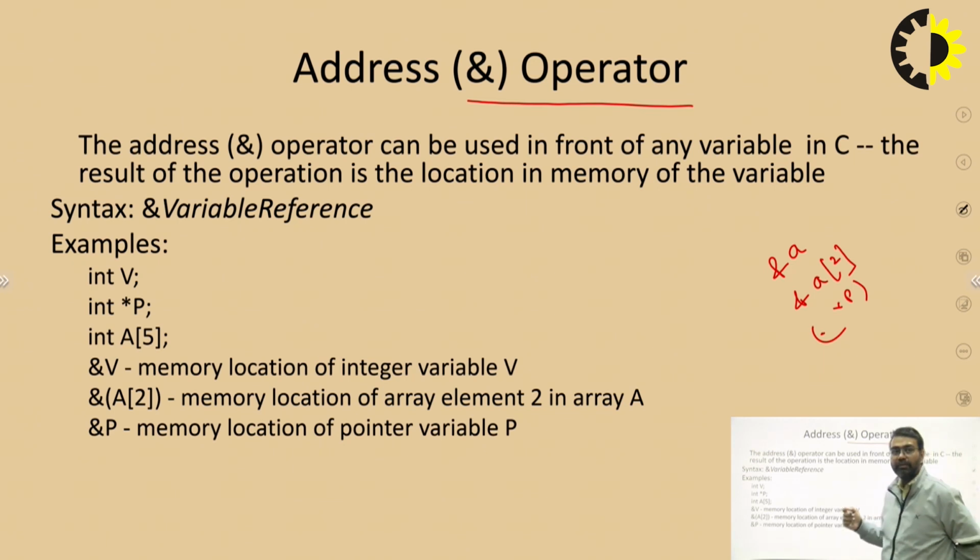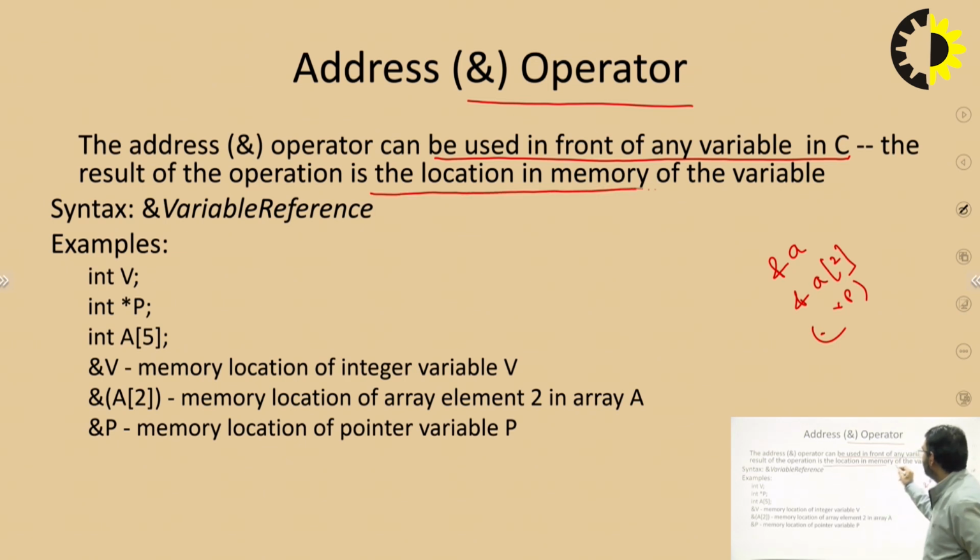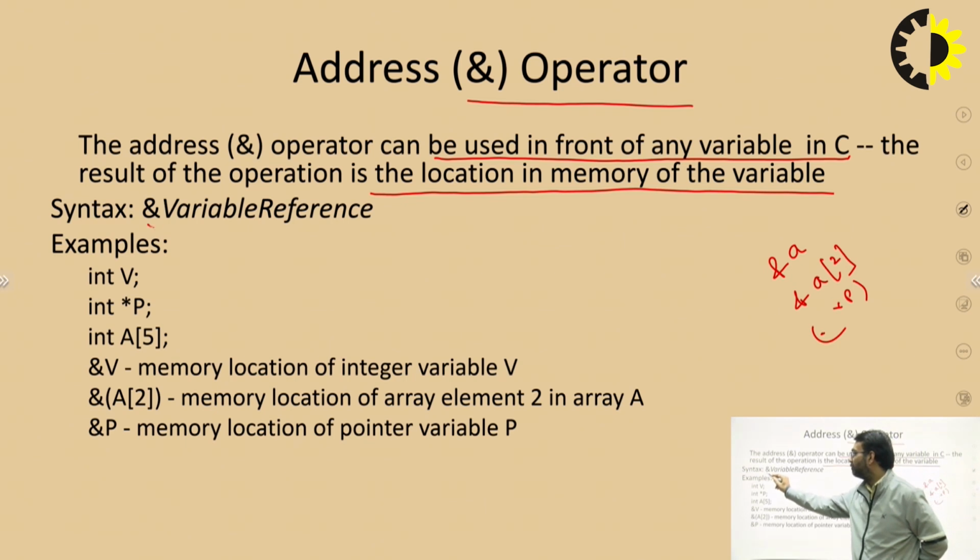So the address-of operator is used to generate the address of a variable. Whenever we put it in front of any variable in C, the result of the operation is the location in memory of the variable. So the syntax will be the AND operator, then the variable reference or variable name.